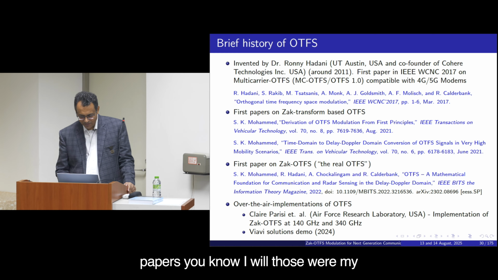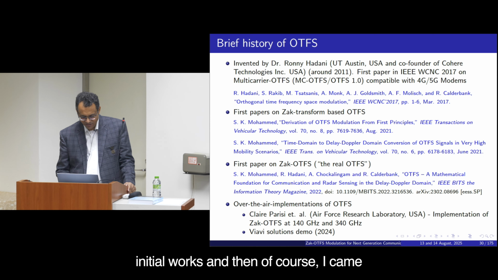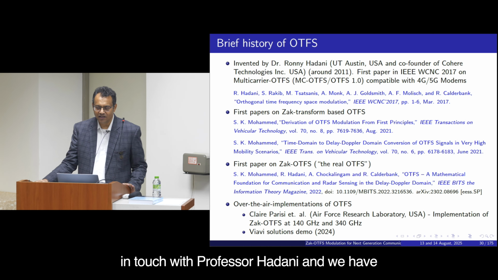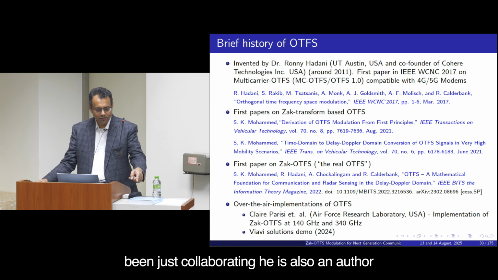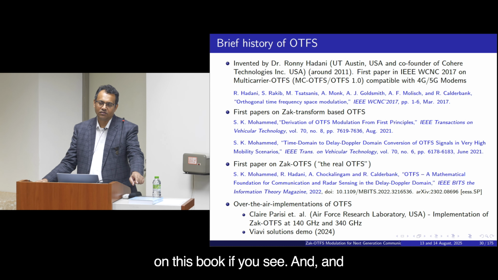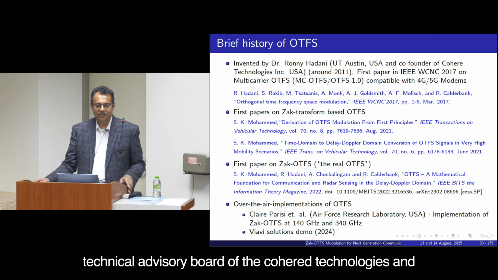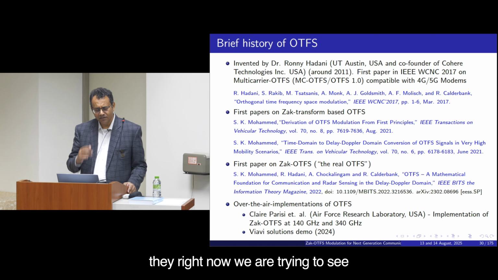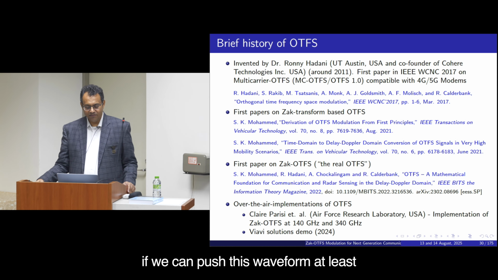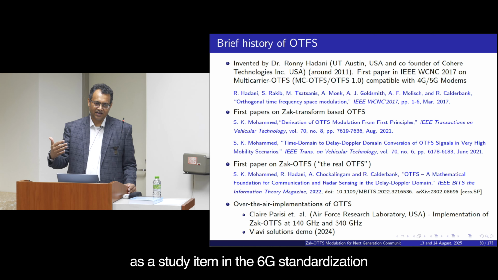These two papers were my initial works. Then of course I came in touch with Professor Hadani, and we have been collaborating. He's also an author, the second author on this book, if you see. I am also a member of the technical advisory board of Cohere Technologies. And right now we are trying to see if we can push this waveform at least as a study item in 6G standardization.